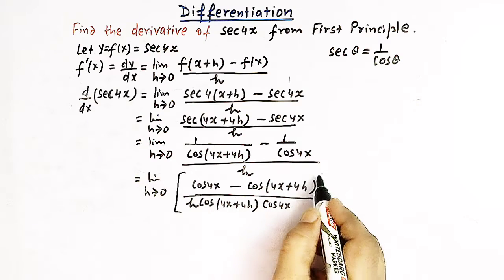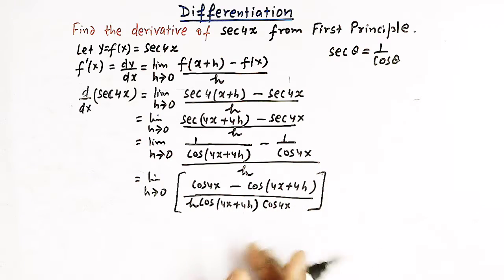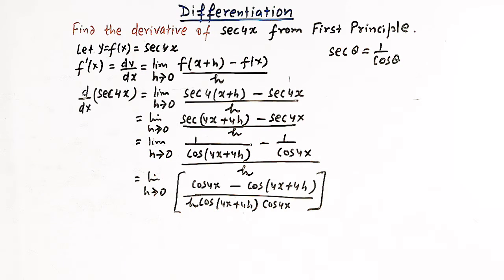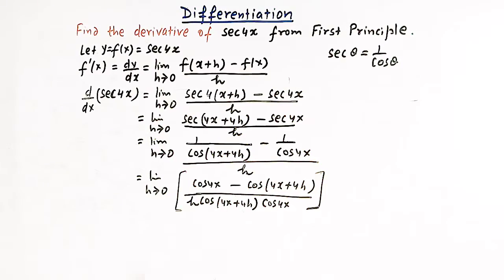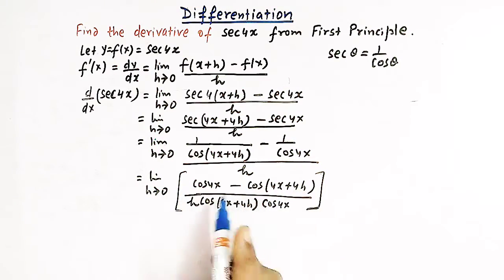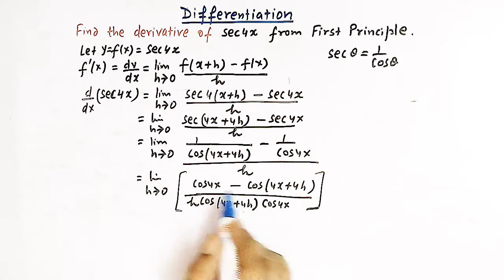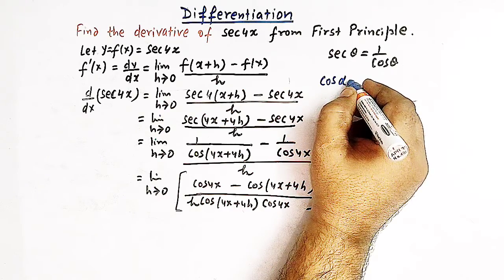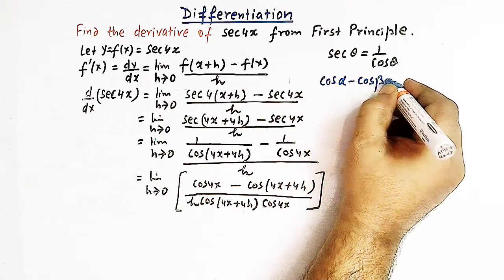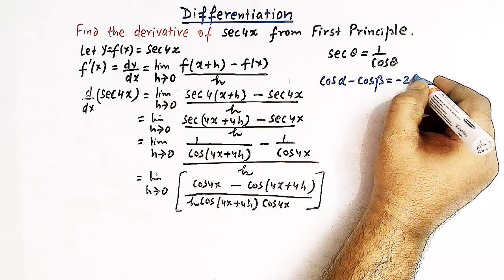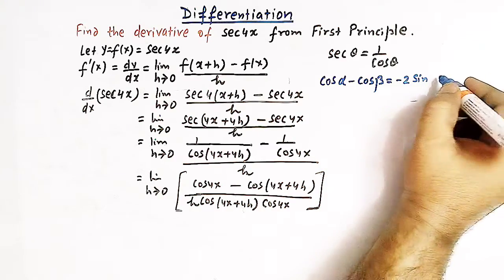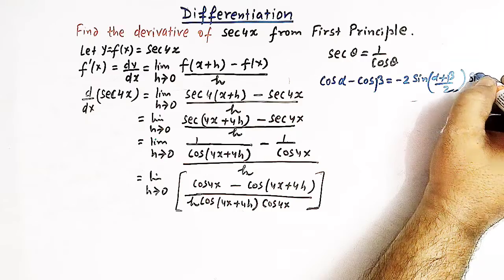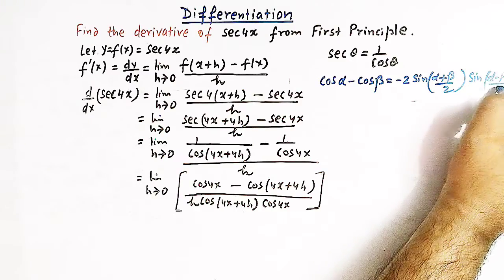Now we have to evaluate this limit. In the numerator we have the difference of two cosine functions. We can express this numerator using this result: cos alpha minus cos beta is equal to minus 2 sine of alpha plus beta over 2, times sine of alpha minus beta over 2.